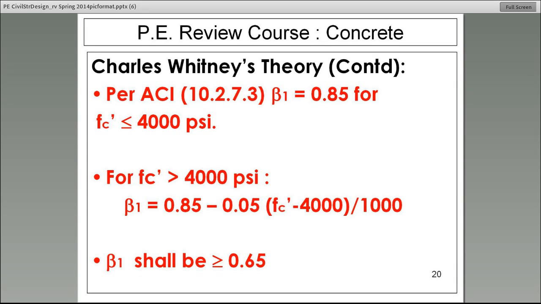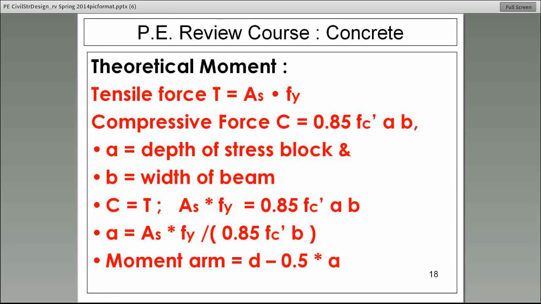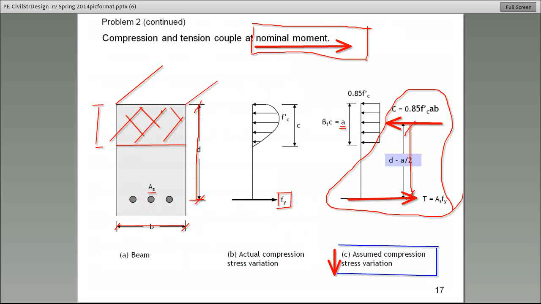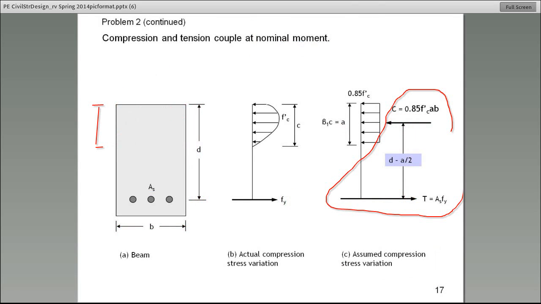Beta 1, actually, if you don't mind, I'm going to go back to slide number 17, and let me see if I can get rid of some of these red lines. All right. Well, I got rid of some of it. Okay. Here's what I want you to take a look at, please.